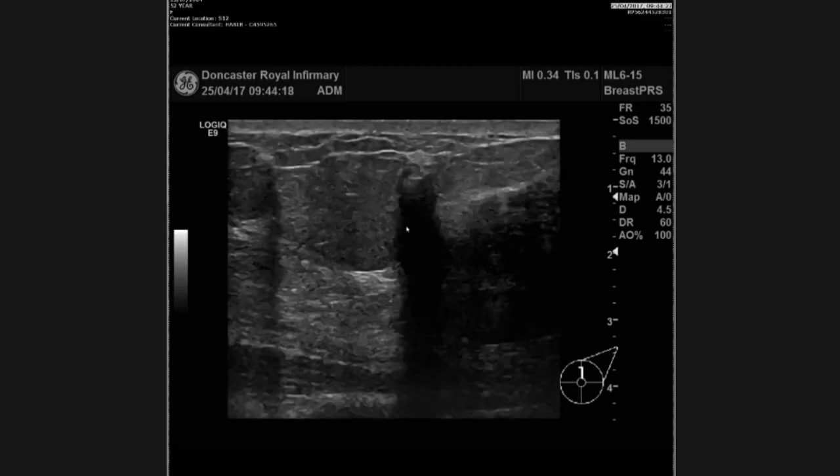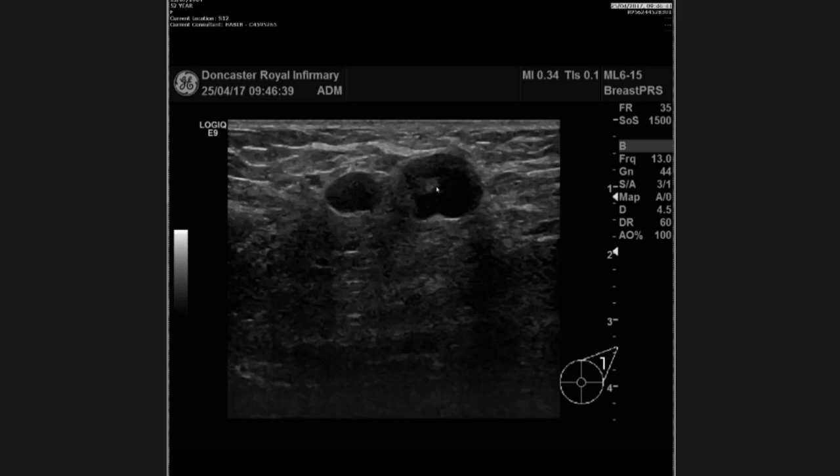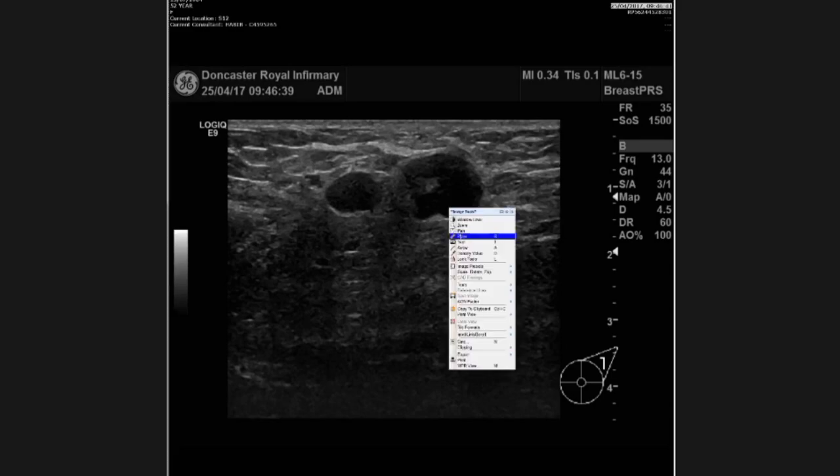Right. As regards the axilla, if you look at the nodes, our criteria for biopsying are if the cortical thickness, so this distance here, is more than 2 millimeters. So that's the central fatty hilum. And if you get this distance here, we normally biopsy if it's more than 2 millimeters. I think this is about 5 millimeters.